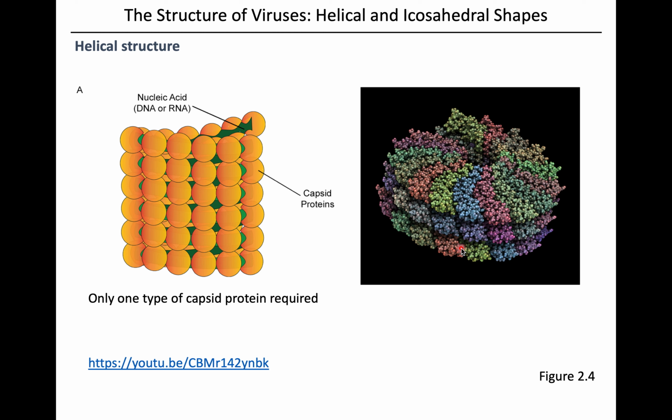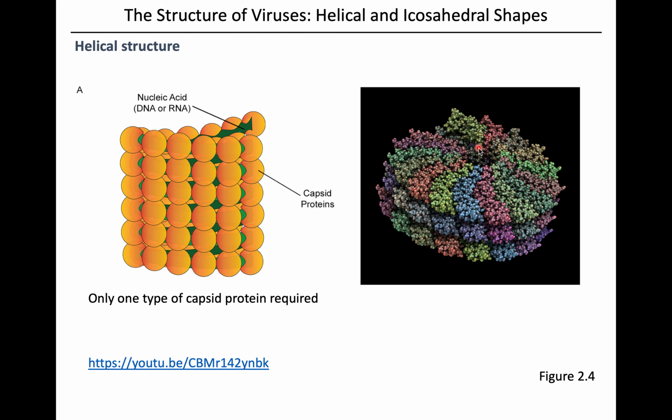Tobacco mosaic virus is actually in these long rods, so this would be just a little slice of that. You can see the capsid protein subunits here in different colors just so you can easily distinguish them. It almost looks like a satellite image of a hurricane with the eye of the storm in the middle, and that's where the RNA, the genetic material, would be coiled up.